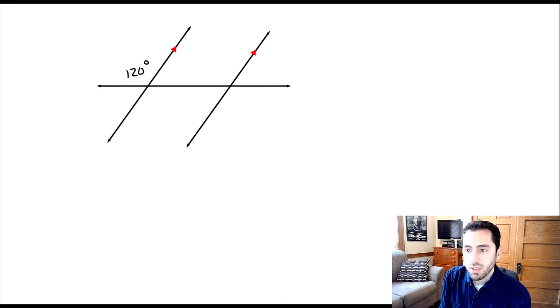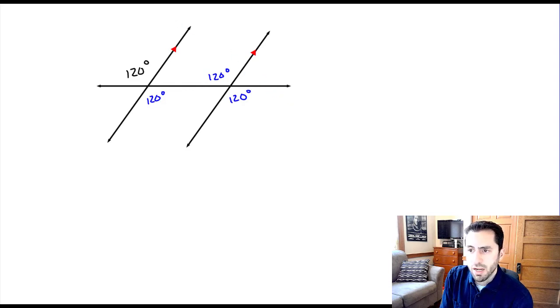If this one is 120, then the corresponding angle also has to be 120. They're in corresponding positions. If this one's 120, its alternate interior angle also has to be 120. Or I could use vertical angles to say that that's 120. If my initial one here was 120, the alternate exterior angle also has to be 120.